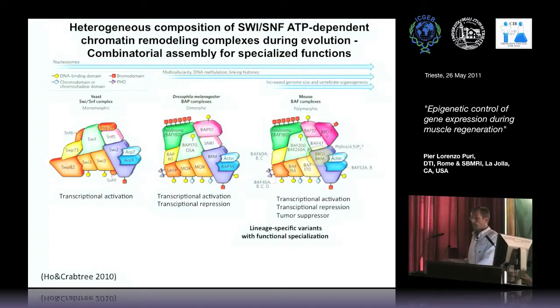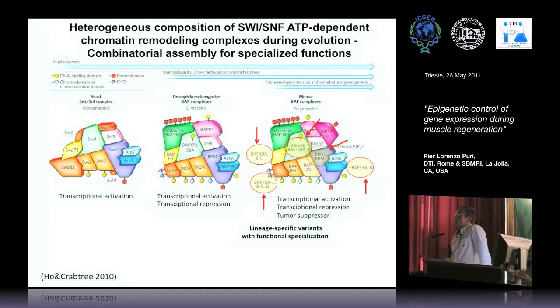For instance, you can see here that in addition to BRG1 and BRAHMA, the two catalytic subunits, there are two components of BAF53, which is a structural component. All of them, except for BRG1 and BRAHMA, are structural components, whose function is still the object of debate.